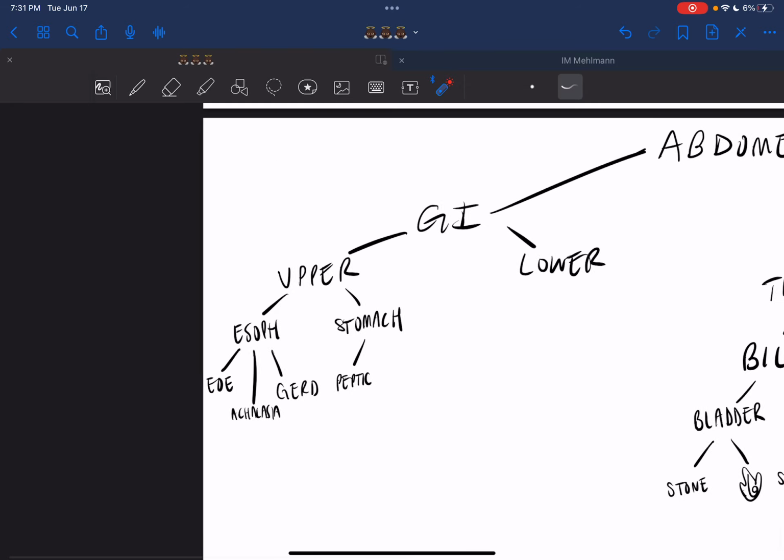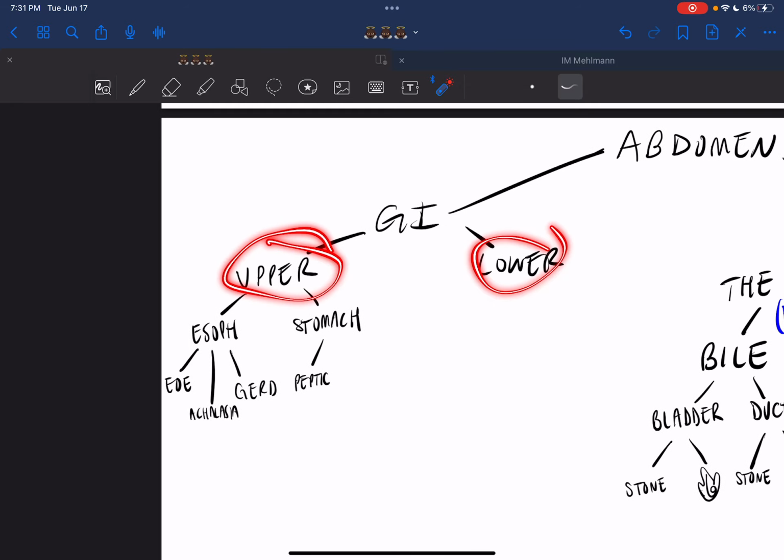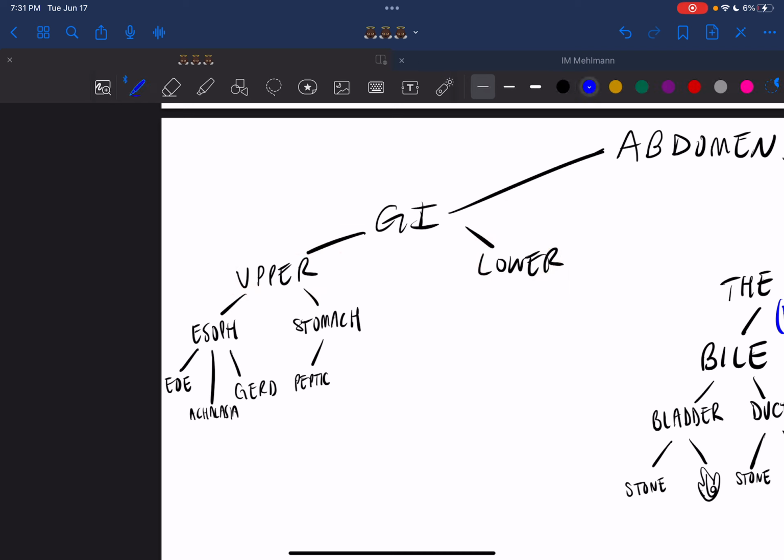So now if we go to GI, the GI tract splits into the upper versus the lower. The lower is the bowels. The upper is not the bowels. So the lower splits into the small bowel and the large bowel. Small and large intestine.